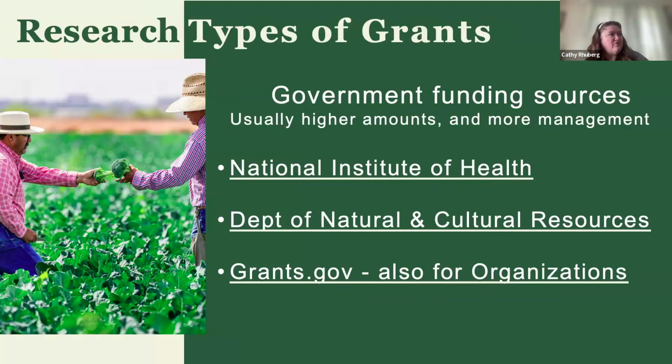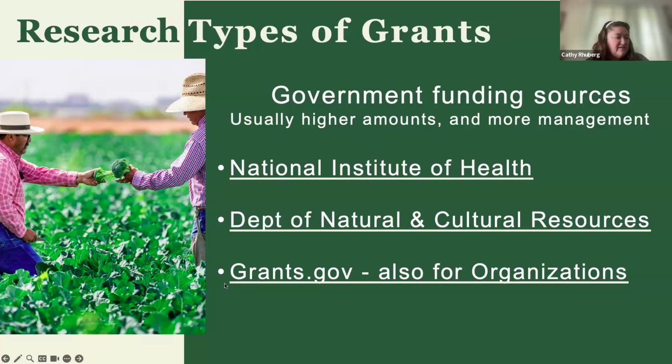So after you have your list of needed funds, you want to research grants that could fit your need. So one type of grant is government funding sources. Usually these can be high amounts, $1 million or more, and they require a lot more management. So if you're just starting out in grants, you would want to start out with a much smaller one, but government grants are a good way to fund big projects.